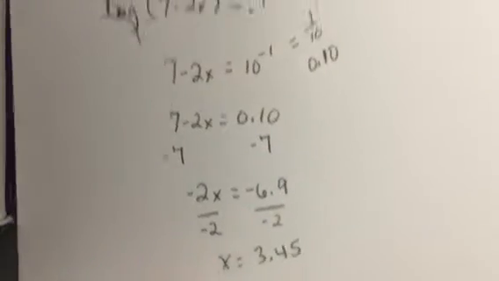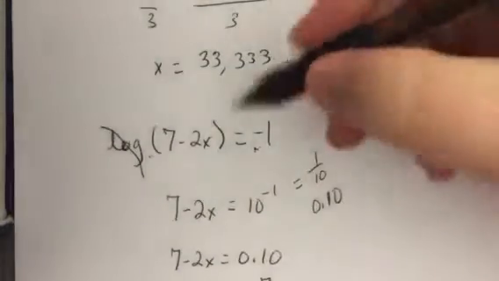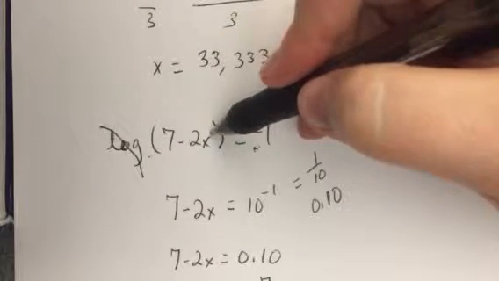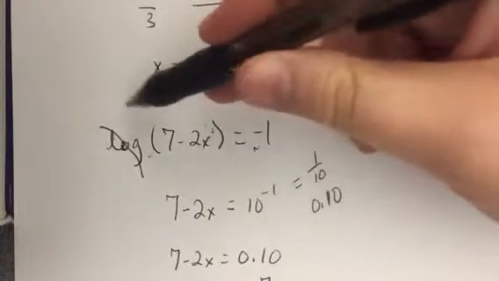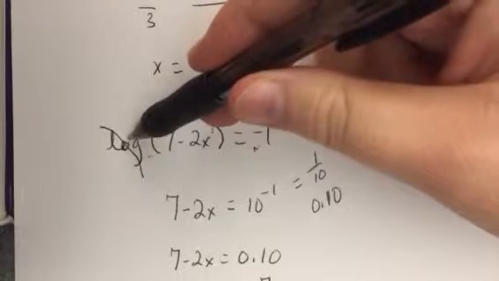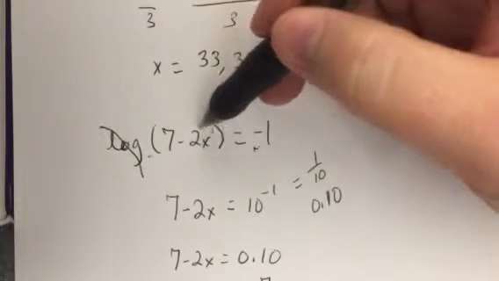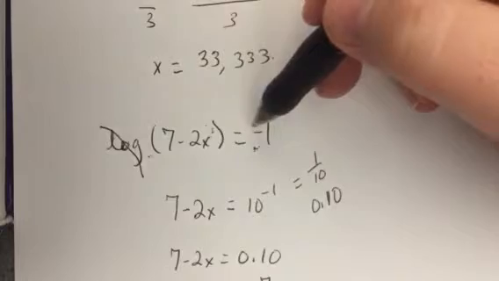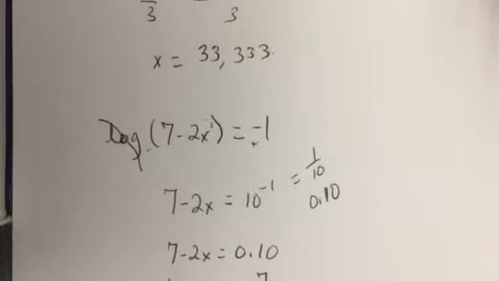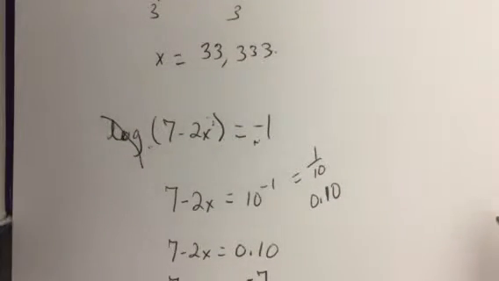And again, how do you check it? Take that 3.45, substitute it back into your original equation for x. So you type into your calculator the log of 7 minus 2 times 3.45 and see if you get something close to -1. Hopefully you do.